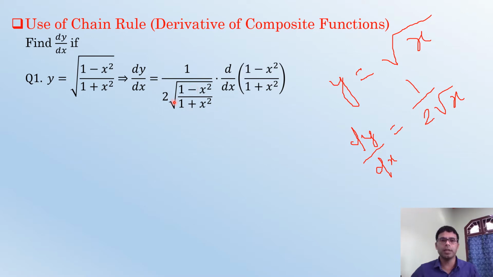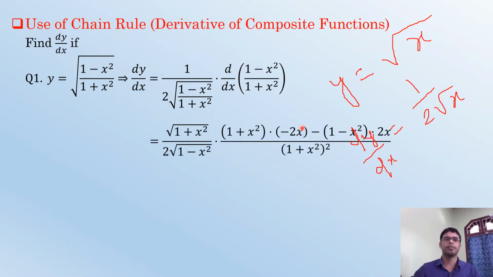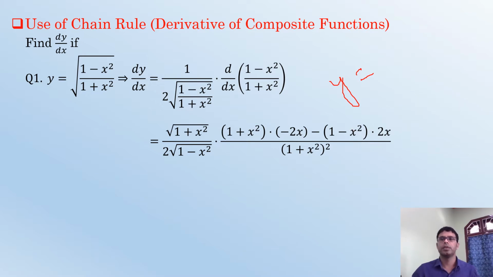So this term is considered as x, therefore we have to take d/dx of this term, that is (1 minus x square) divided by (1 plus x square). Now you use the quotient rule in this part of the differentiation. I am erasing this. So now I am using here the quotient rule.